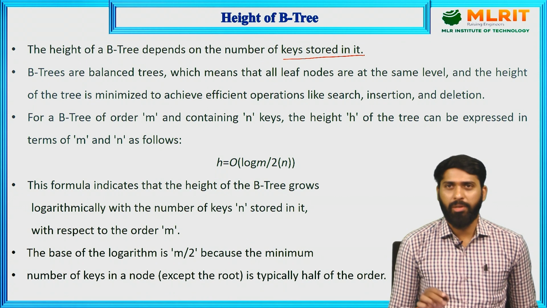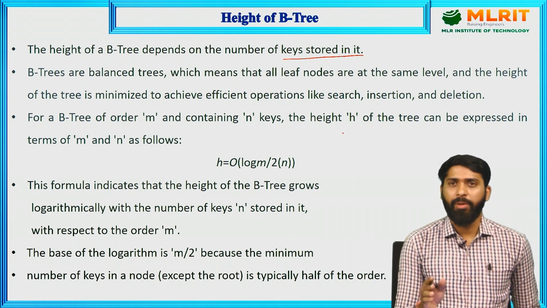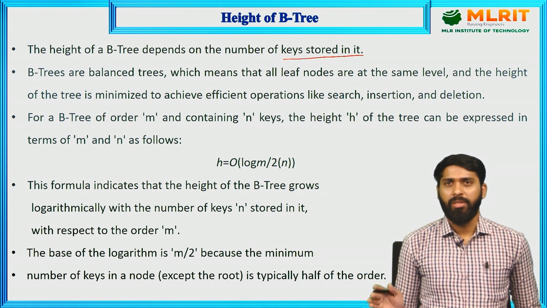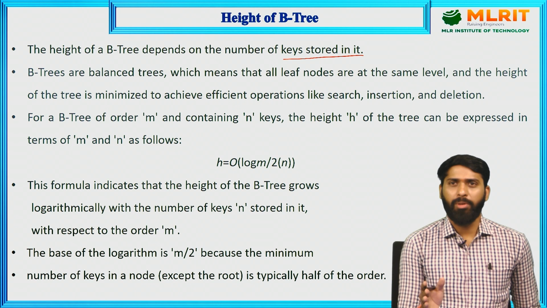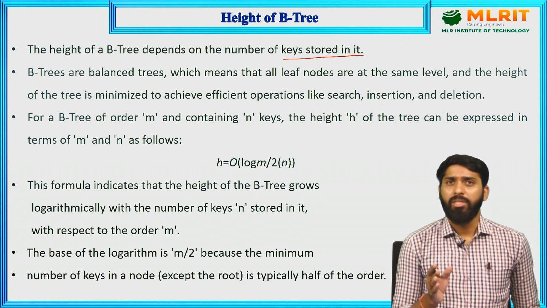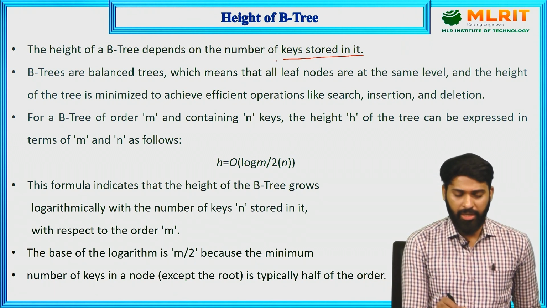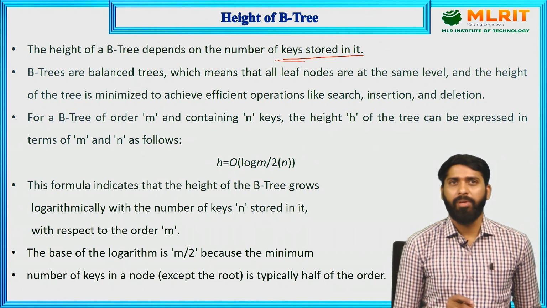For example, if we store only one value, the height may be increased. If we store more than one value, for example 2, then the height will be reduced. If you store 3 values, yes, again the height will be reduced. So, based on the number of keys stored in the node, the height will be reduced.